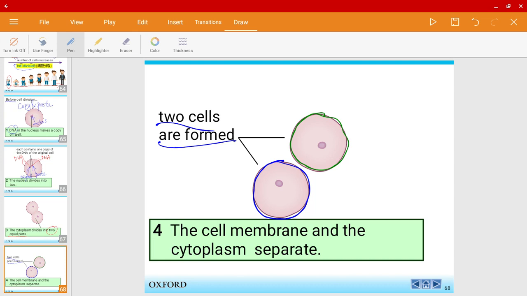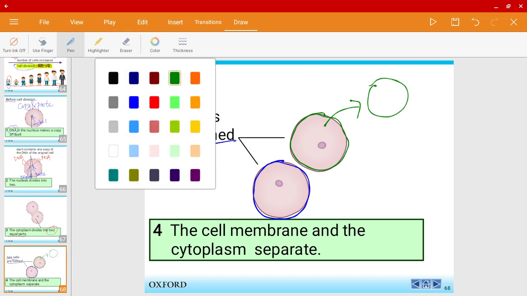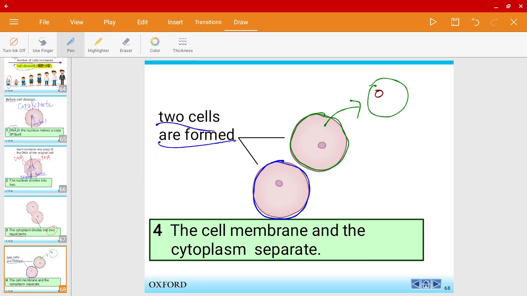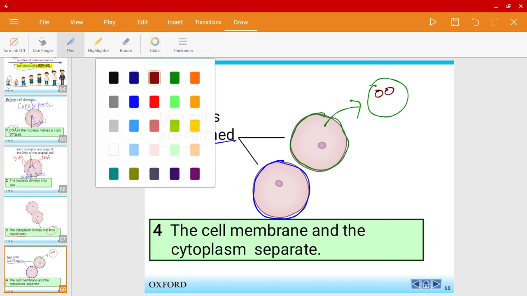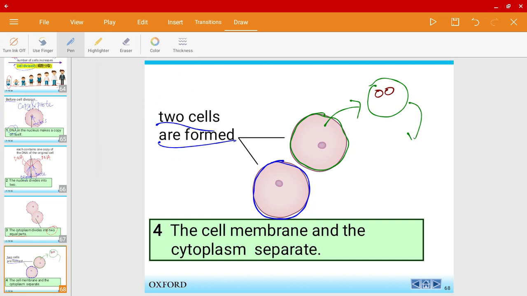So these cells could also undergo cell division. For example, this cell over here, it would start to make a copy of a nucleus. So you have one nucleus over here, and this is the other nucleus. Okay, and then afterwards, what happens? The cytoplasm would start to separate. One nucleus would be over here, and the other one would be over here.